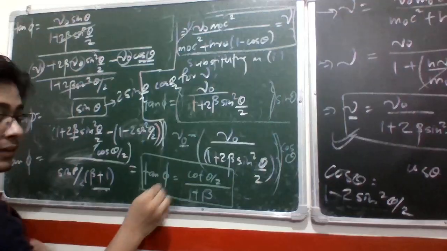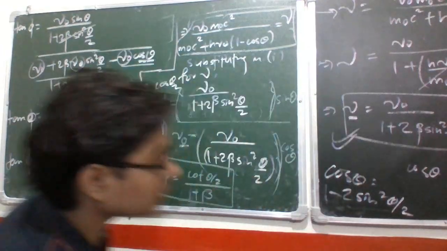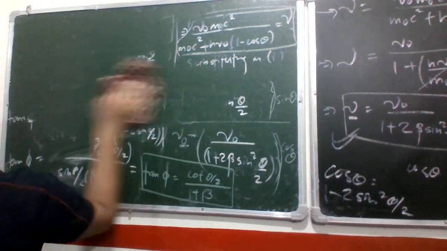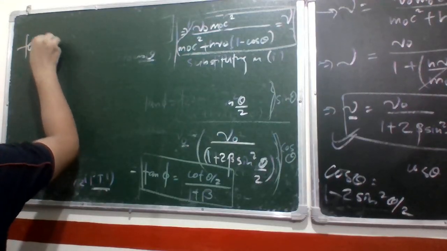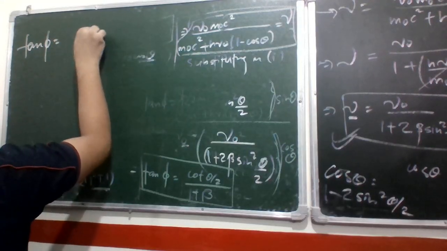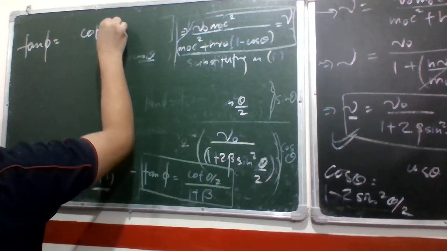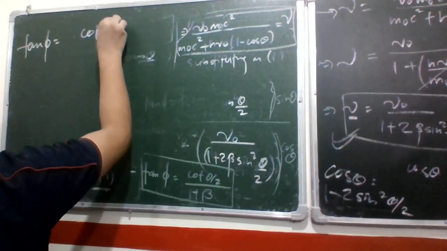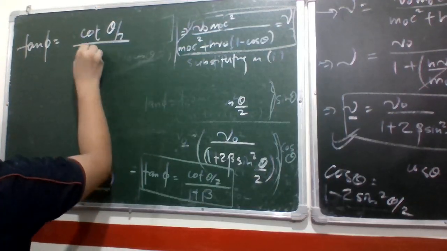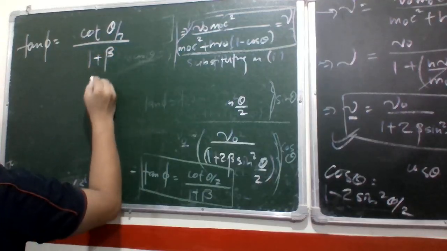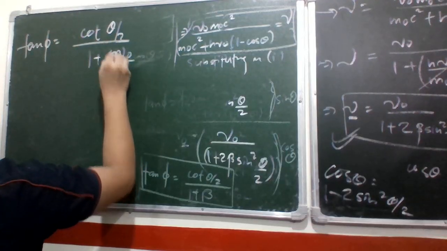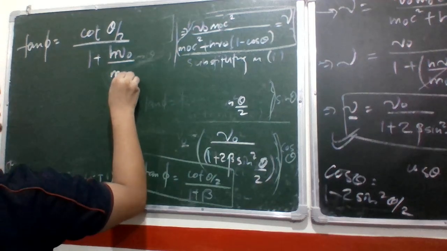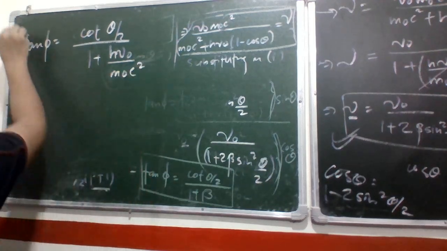So this is the value that we were looking for: tan phi equals cot theta by 2 by 1 plus beta, where beta is h nu naught by m naught c squared.